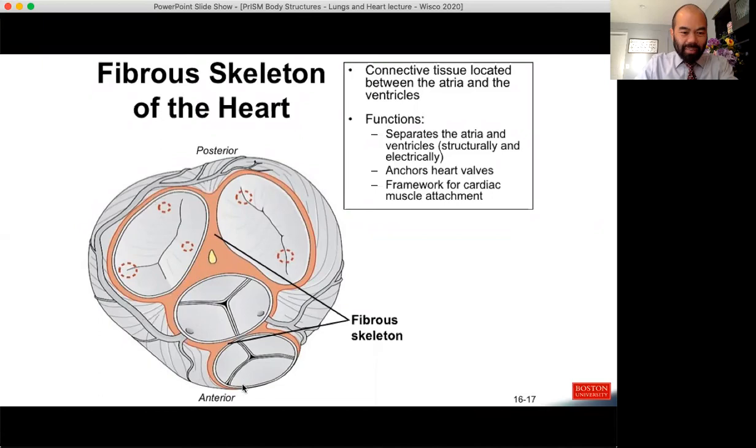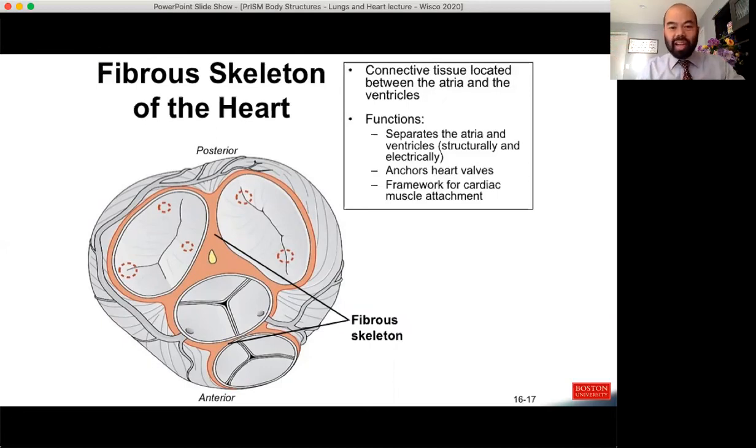But you can see that it's surrounding all the valves. This fibrous skeleton forms the scaffold for the valves. It kind of looks like a drone to me, actually. It holds the valves in place and on the same plane.